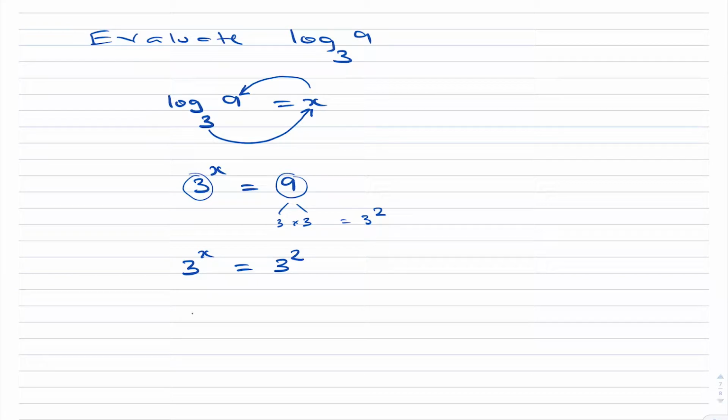And that implies that x equals 2, because the bases are the same, and therefore the powers are equal. So x equals 2. So what that means is log base 3 of 9 equals 2.